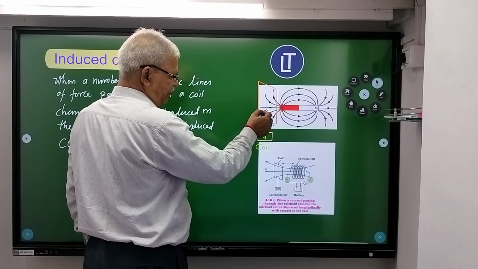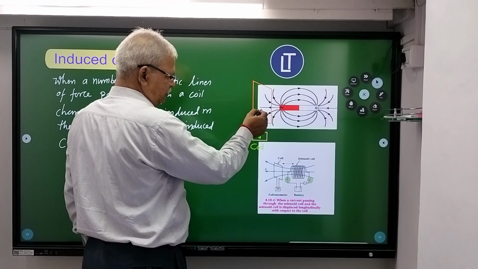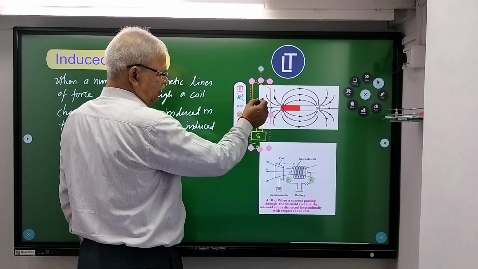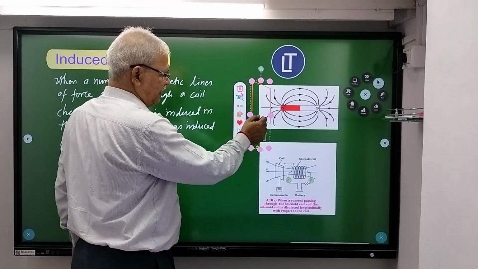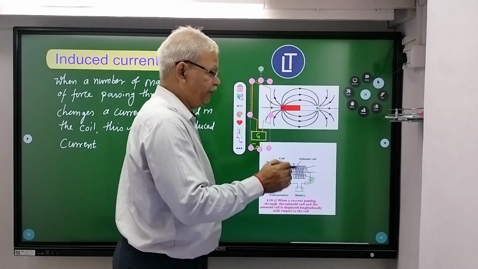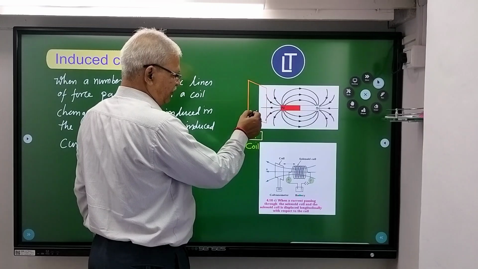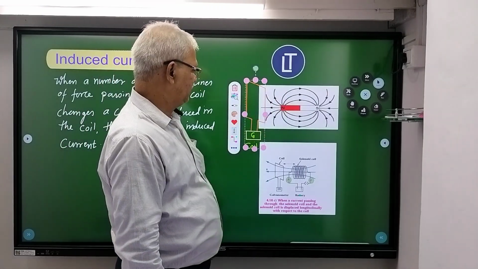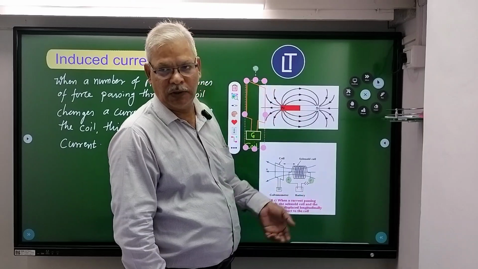And if you will bring it away from it, now the three magnetic lines of force are passing through the coil. If you will further move it away, only one line of force is passing through the coil.